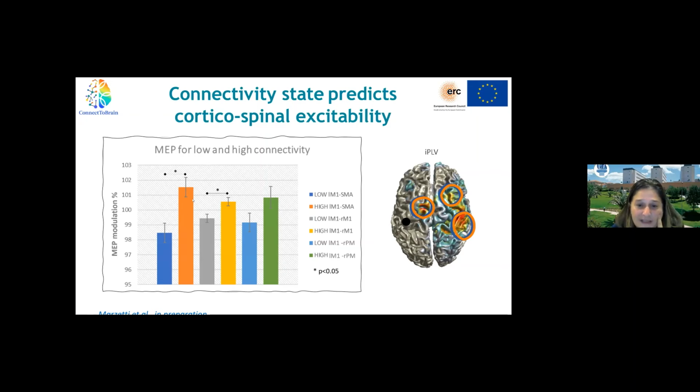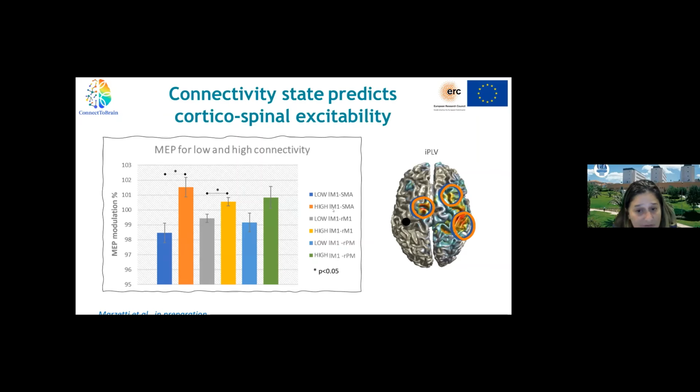And if we split subject by subject trials into these subgroups, we see a difference with respect to the average value. We see a difference also in the amplitude of MEPs. So the higher the connectivity, the larger the MEPs.